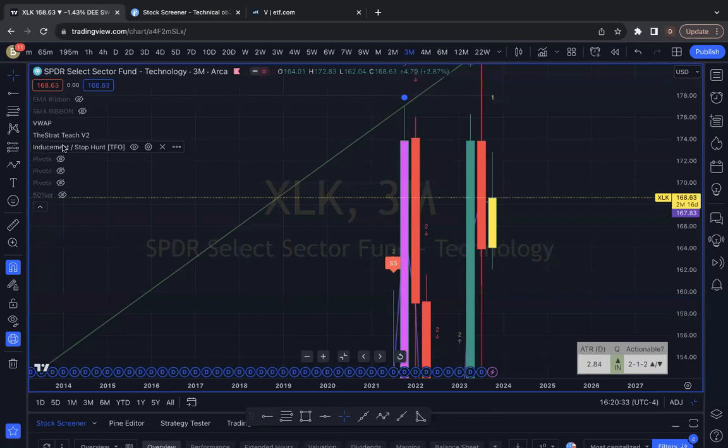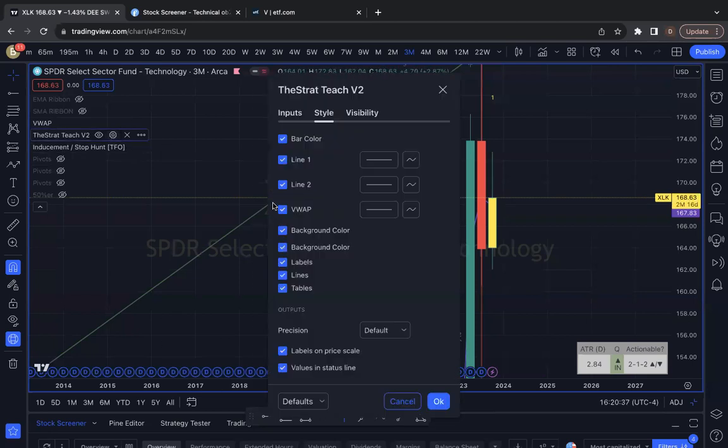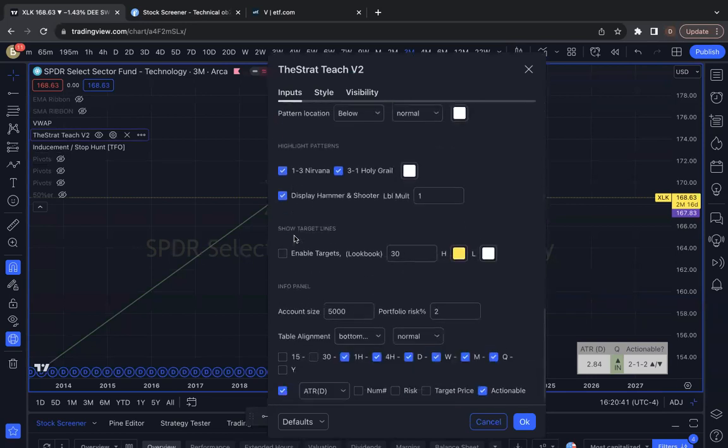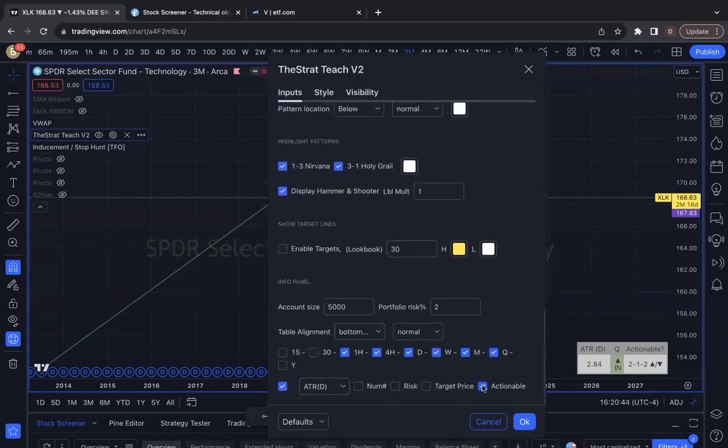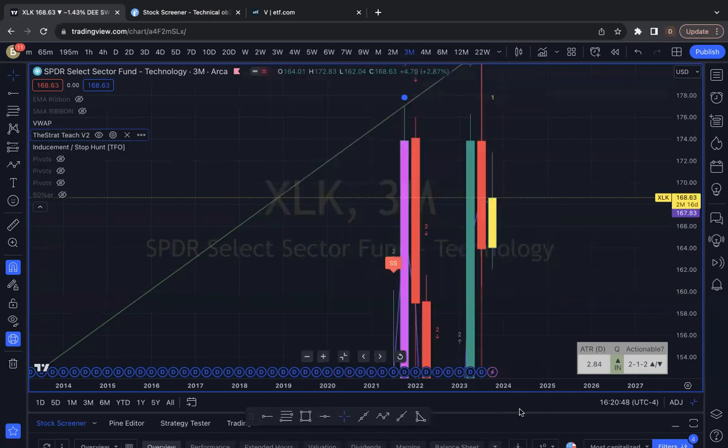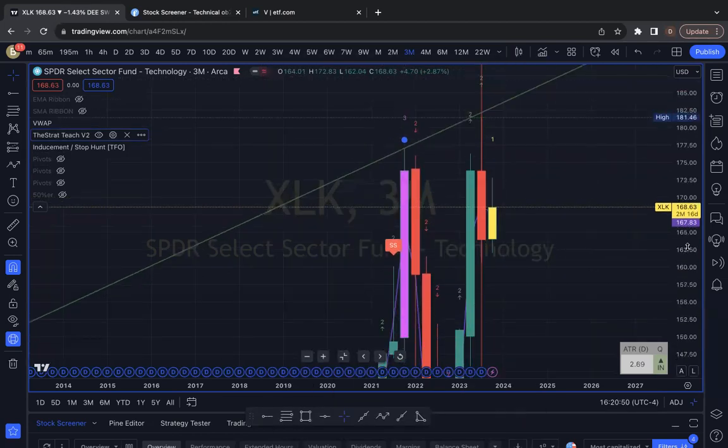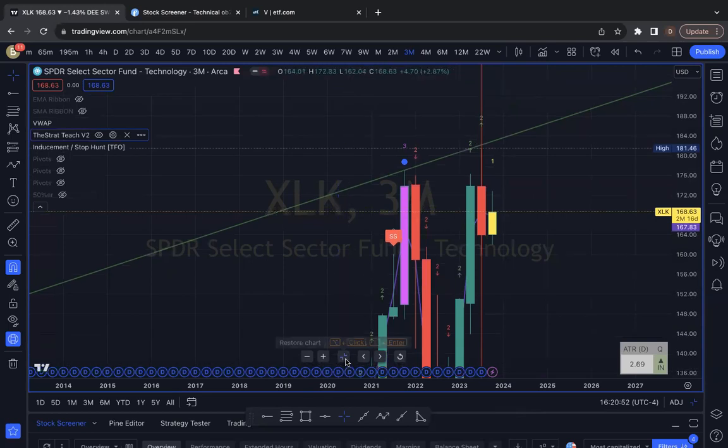I forget who created it. It's in the Strat Teach V2. It has it down here in the settings. I really like to take that off because I don't like all that other noise. I know what the actionable signal is. I don't need an indicator telling me that.